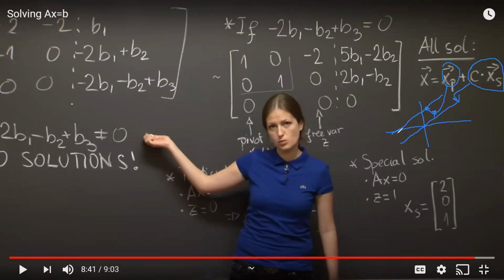Now, what is x? x is a line which does not pass through the origin. x is also a line, but this line is elevated by the amount of xp away from the origin. So this null space is lifted. So this is a lifted null space, okay? And this is the solution to Ax equal to b, okay?